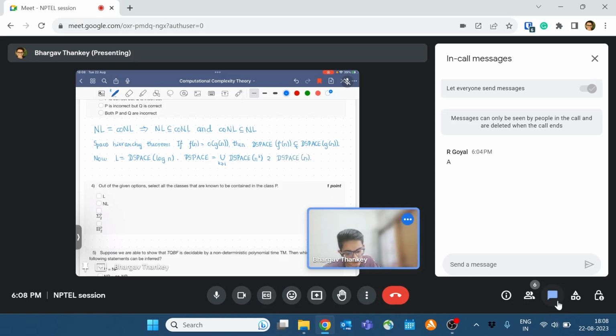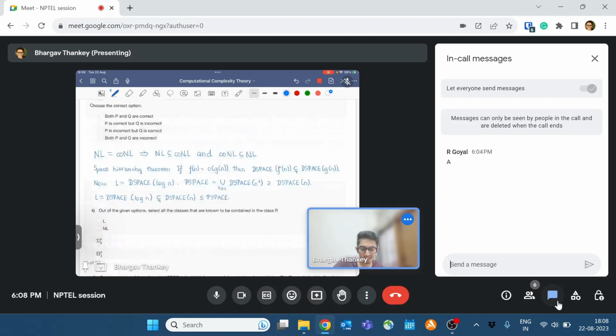And what we can say from the space hierarchy theorem is that D space log n is strictly contained in D space n, which is contained in P space. So in this way we can show that L is strictly contained in P space.